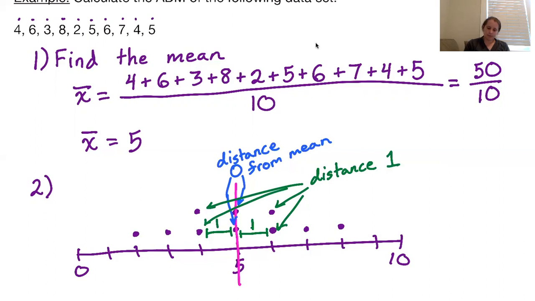Next up, we have from 5 to 7 is 2 away. Distance between 3 and 5 is also 2. So we have 2 points that are distance 2.